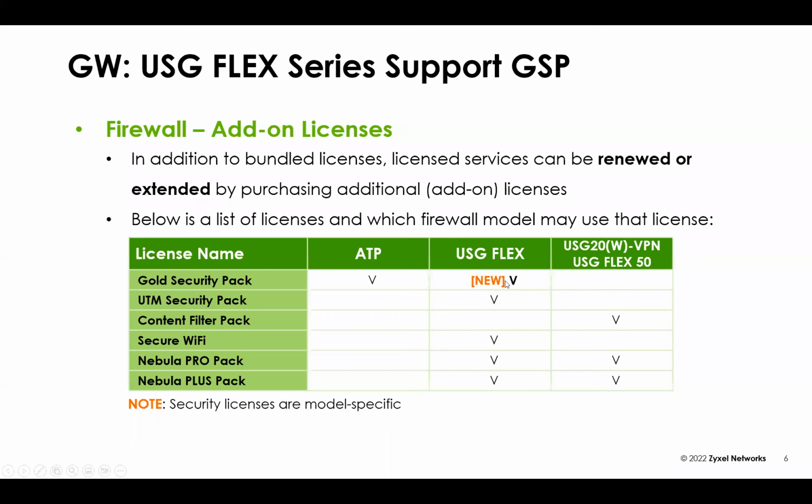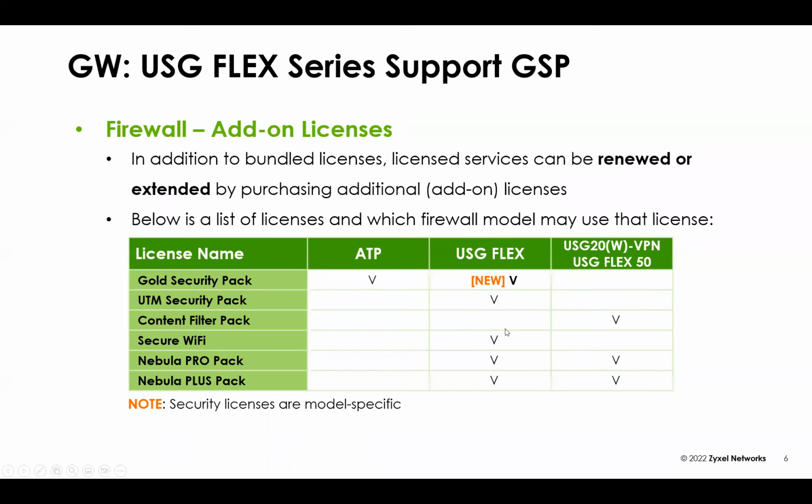However, if you have a USG Flex 100 and above, you can apply the Gold Security Pack to the USG Flex. And then, of course, we still have our UTM Security Pack, and then we have our content filtering pack that is by itself, used for the USG 20, 20W, and the Flex 50. We have our secure Wi-Fi that's available on the USG Flex.